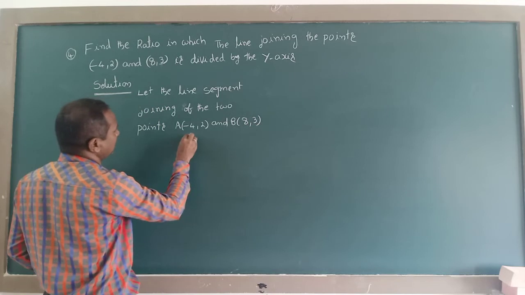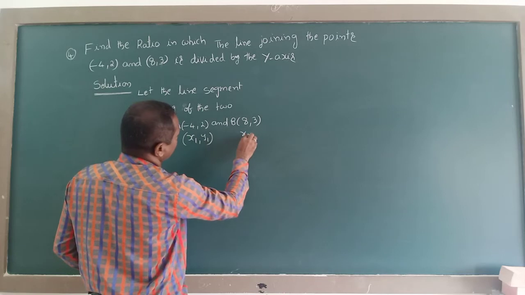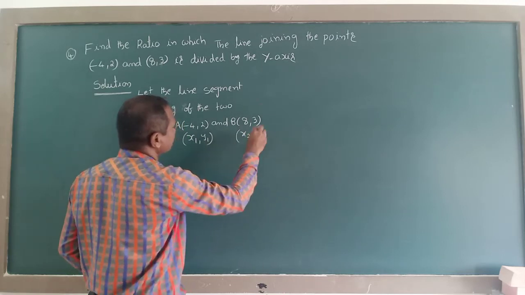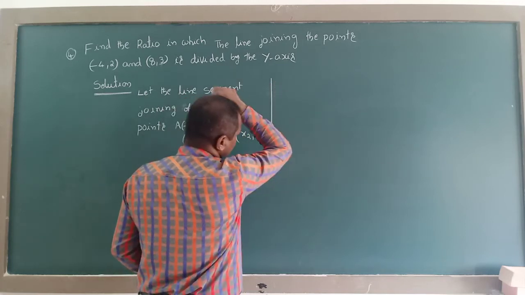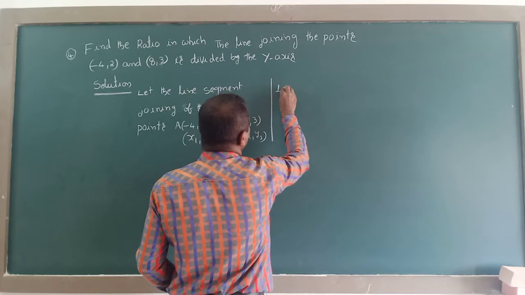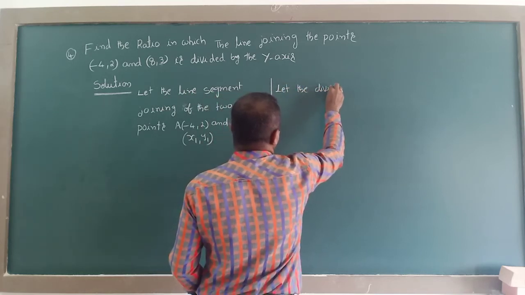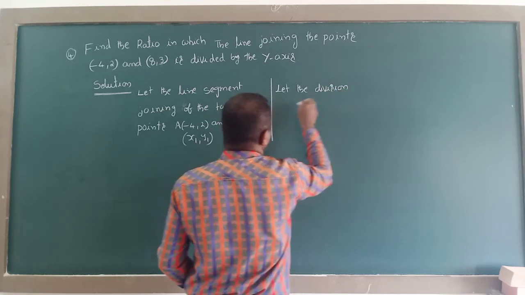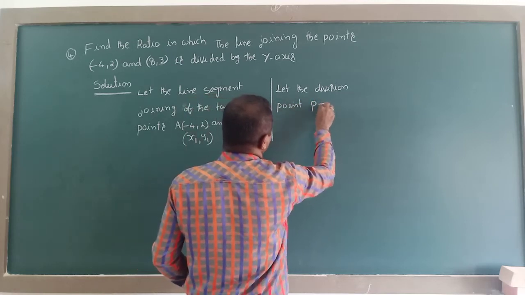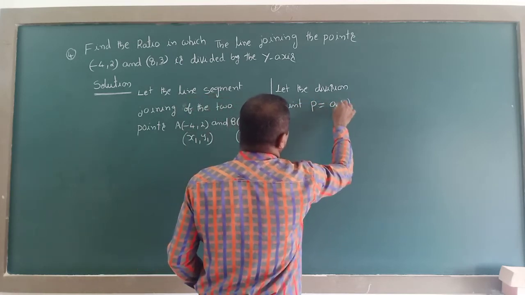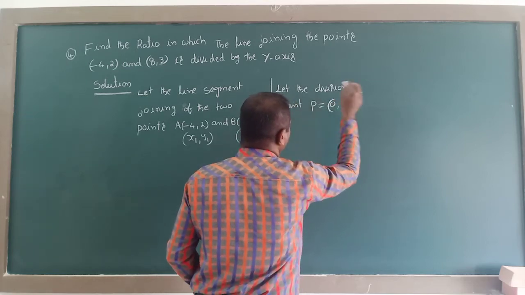Consider them as x1 comma y1 and x2 comma y2. Next, let the division point P be equal to 0 comma y.